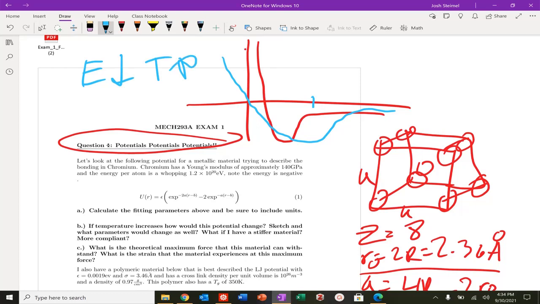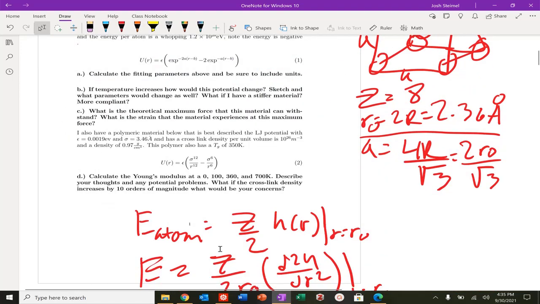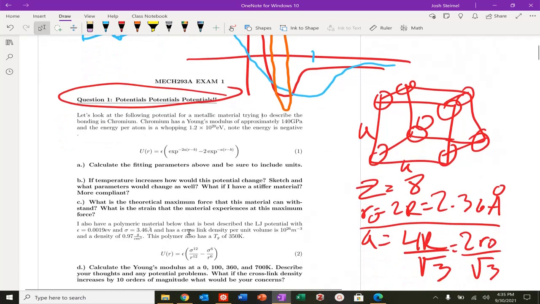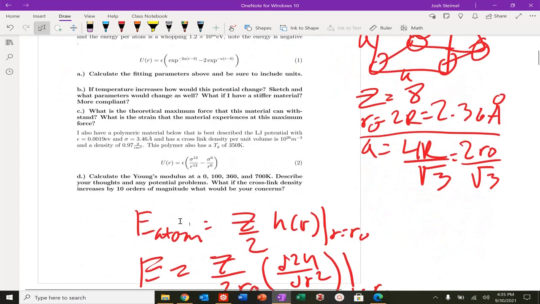That's generally true. If I have a stiffer material, like this orange one, it would have an even sharper curvature, because my Young's modulus is proportional to my curvature. There we go. If it's more compliant, it would look flatter, with less curvature.